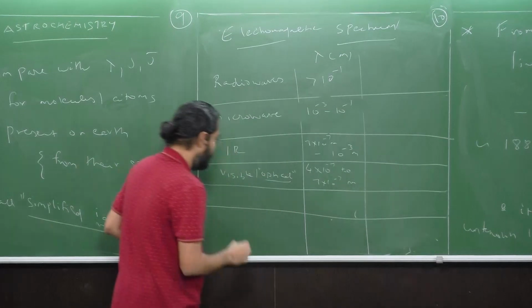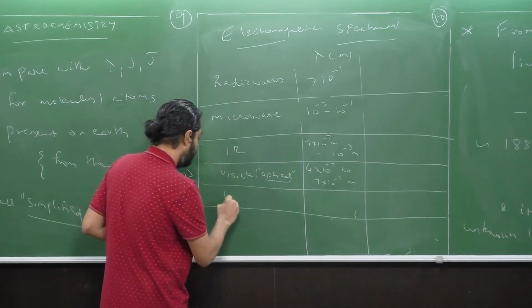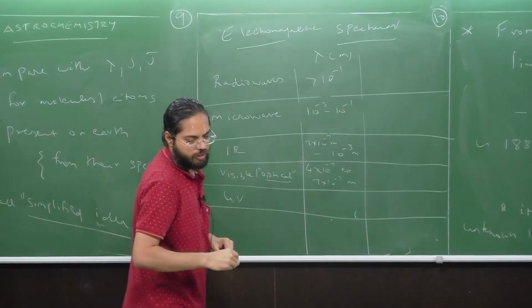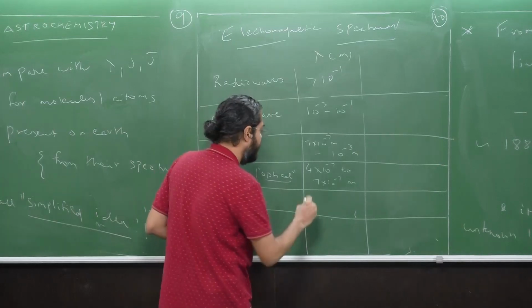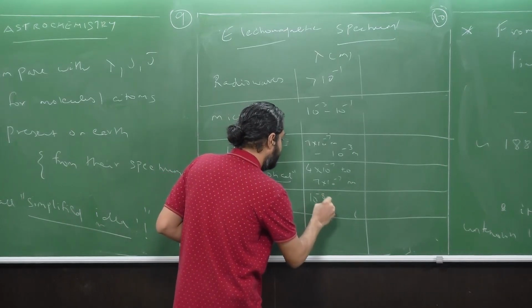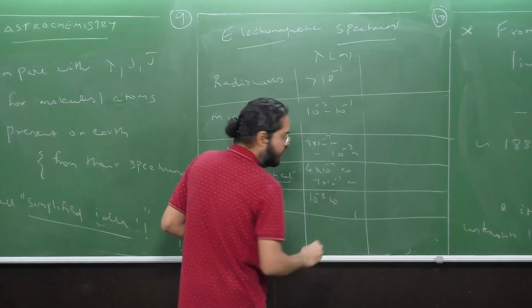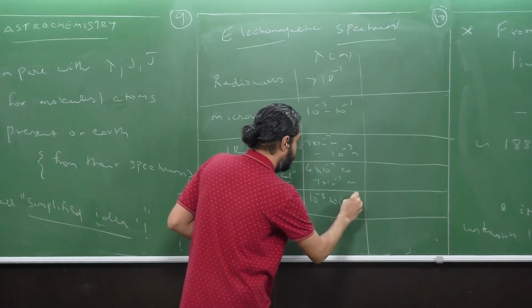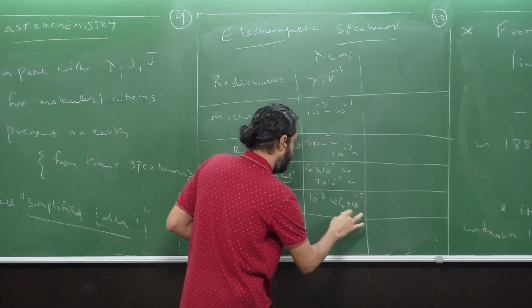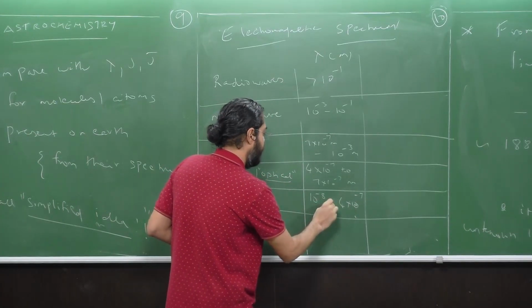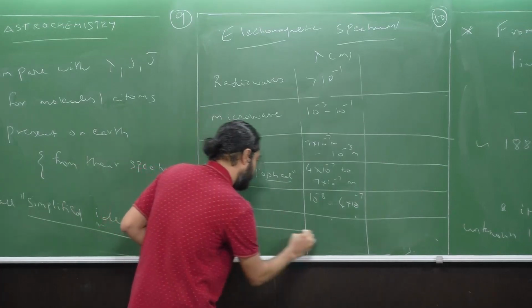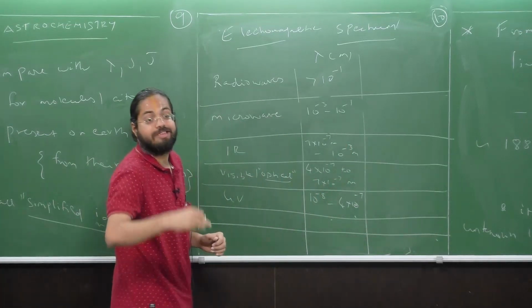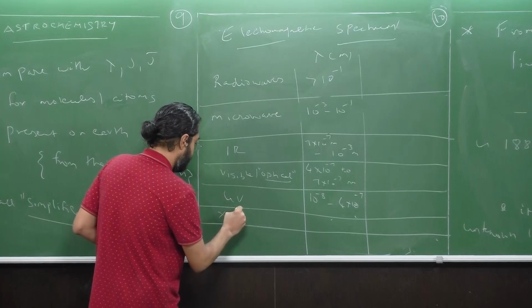The next range is your ultraviolet region. The ultraviolet region is going to be somewhere between 10 to the power minus 8 to 4 into 10 to the power minus 7. This is the range for the UV. The next region is what is called X-ray.